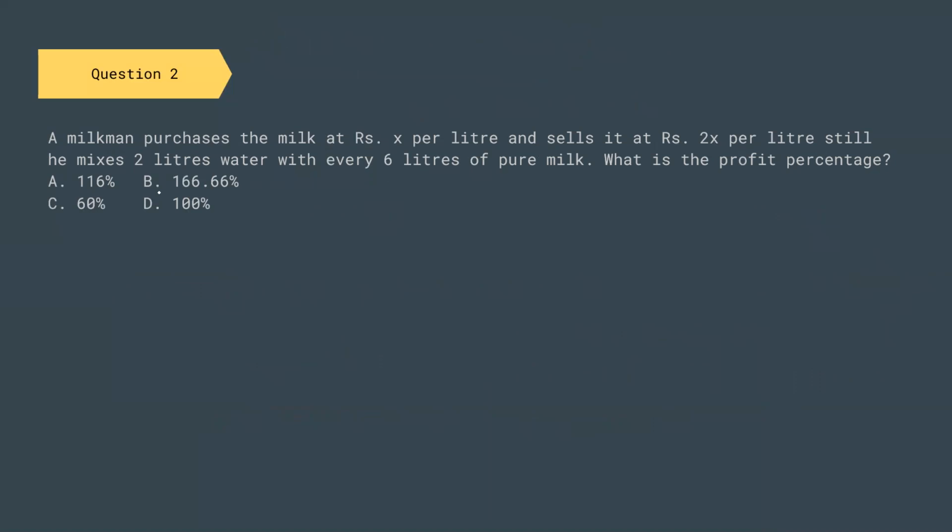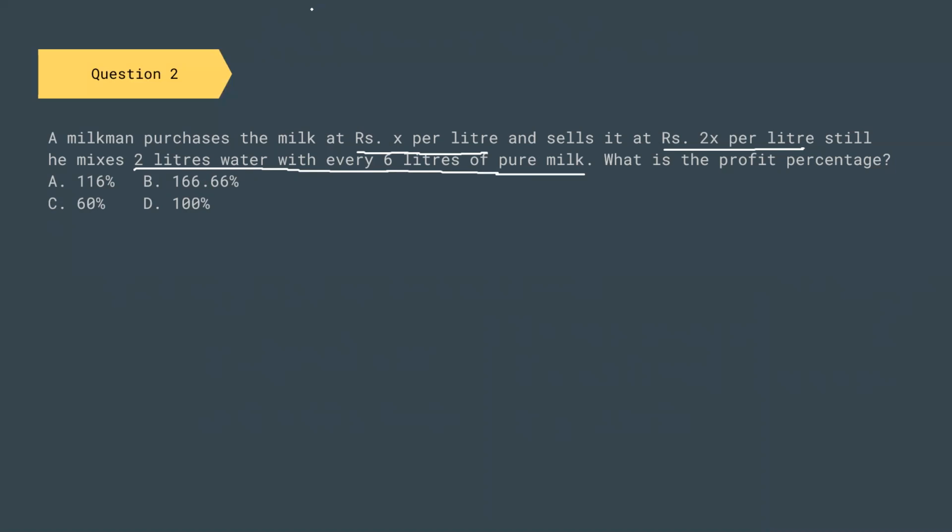What they're saying is that a milkman purchases milk at rupees X per liter and sells it at rupees 2x per liter, still mixes 2 liters of water with every 6 liters of pure milk. What is the profit percentage? So let us first understand the question properly.